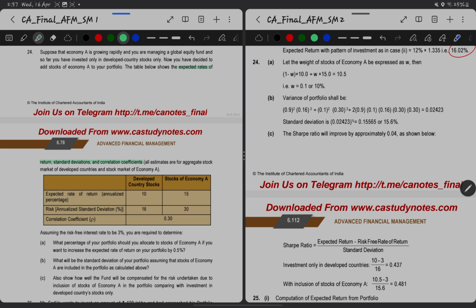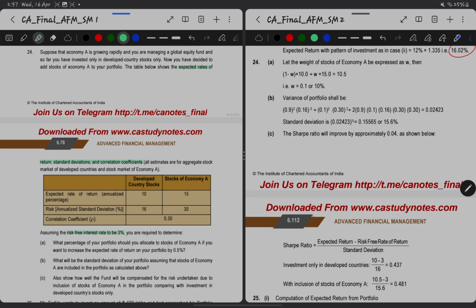All estimates are for the aggregate stock market of developed countries and the stock market of economy A. So the correlation coefficient is between the developed stocks and stock of economy A. Now we have this expected return, risk, correlation coefficient, and the risk-free return is also given as 3%.